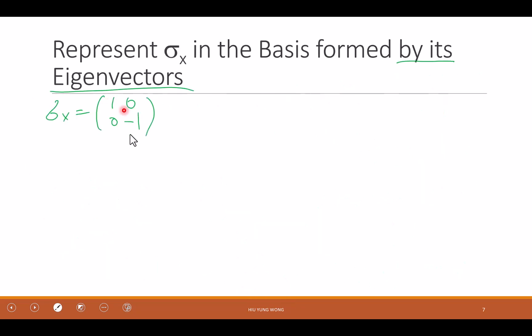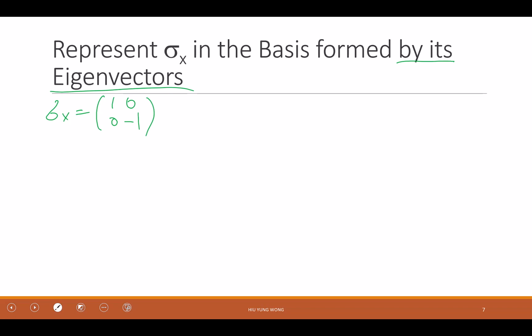Then it must be plus minus one. Because I want to put the eigenvector corresponding to eigenvalue 1 as the first vector, so 1 is here. Have you seen this before? This is sigma z, right? But this is sigma z written in the basis formed by sigma z eigenvectors.